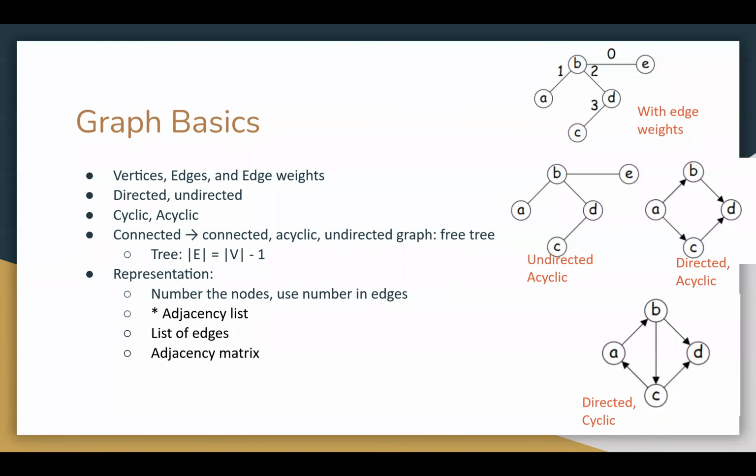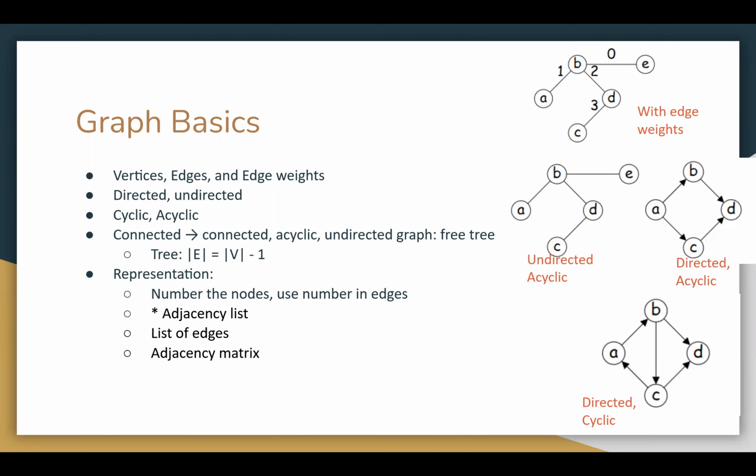For all trees, we have this very important property that the number of edges equals the number of vertices minus 1, and that is because it's acyclic. Are we good over here? Okay.